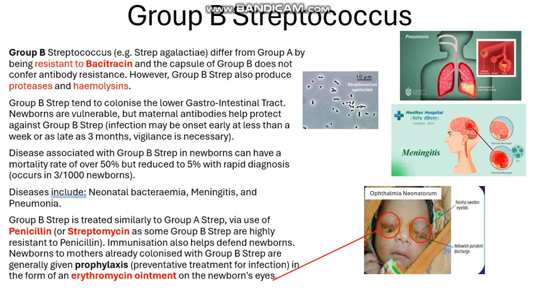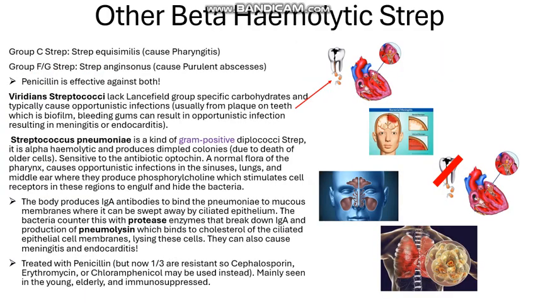So just putting this erythromycin ointment onto their eyes through prophylaxis, they're not going to get this nasty ophthalmia neonatorum, and they're going to be healthier. So that's kind of an overview of group B strep. There are other kinds of beta hemolytic streptococci.